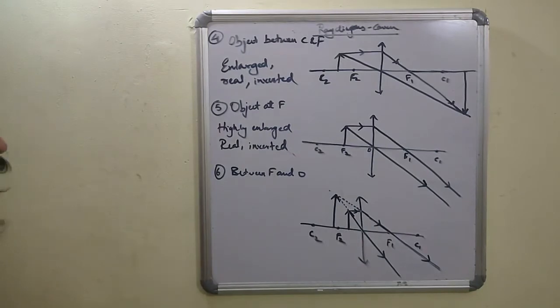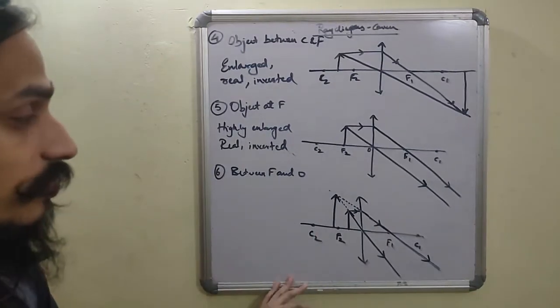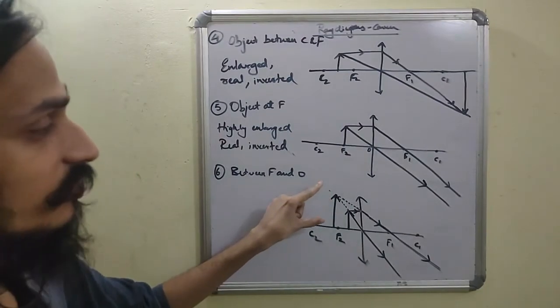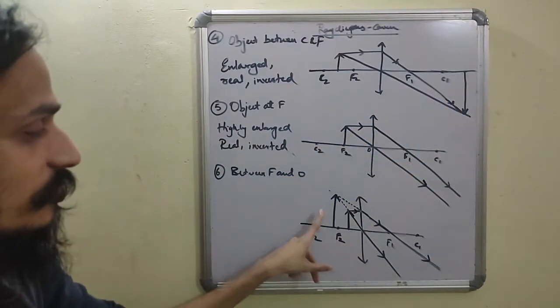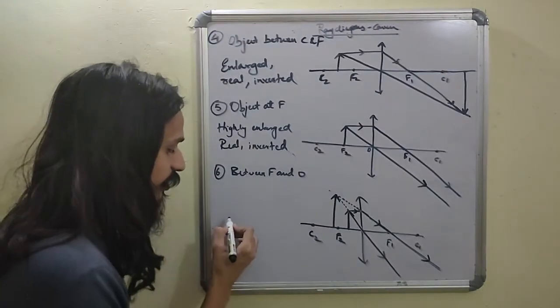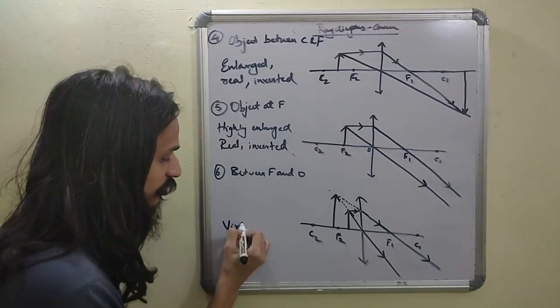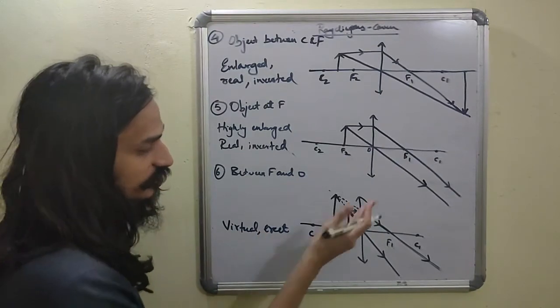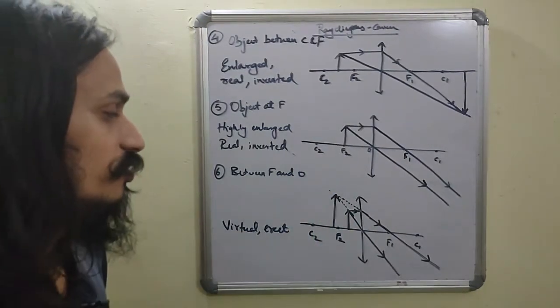The object and image are formed on the same side of the lens, but this image is upright, it's not upside down like the other image. So definitely this is not a real image, it's called a virtual image, and it is standing straight up, so it's called an erect image also.